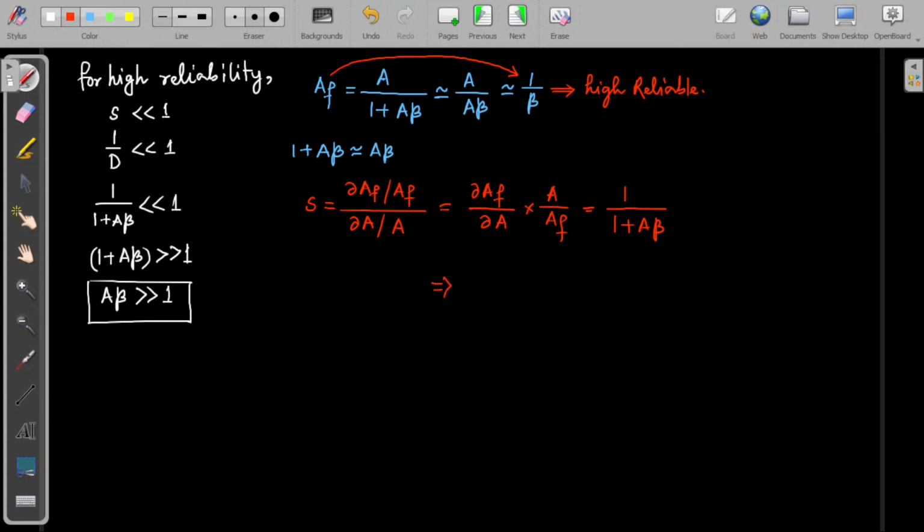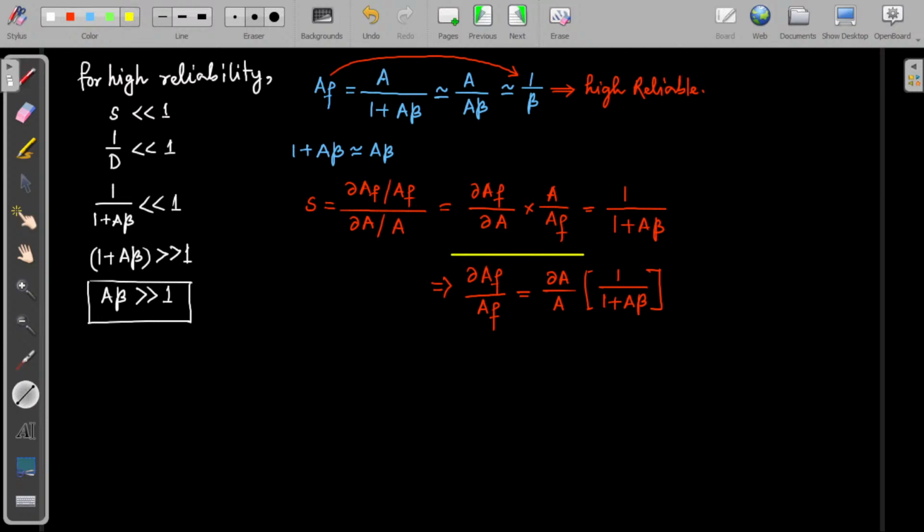So if we write this equation like this, del AF divided by AF will be equal to del A divided by A into 1 by 1 plus A beta. So we can write it in this pattern. This equation will also be helpful.